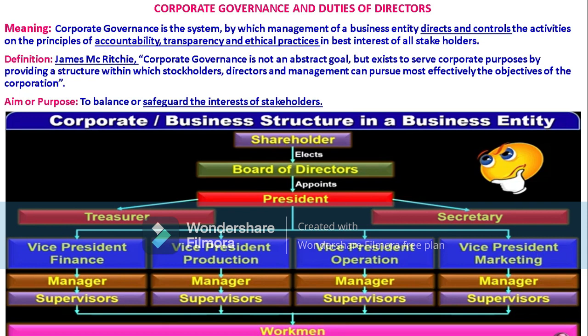Finally, they act as a link between the company and the external environment. Means the board acts as a vital and continuous link between the company and the external environment.